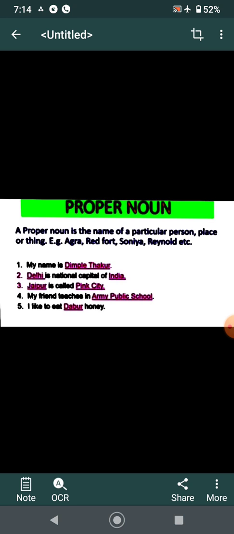Delhi is the national capital of India. Jaipur is called Pink City. My friend teaches in Army Public School. I like to eat Dabur honey. Here the words underlined in pink are all your proper names: Dimple Thakur, Delhi, India, Jaipur, Pink City, Army Public School and Dabur.